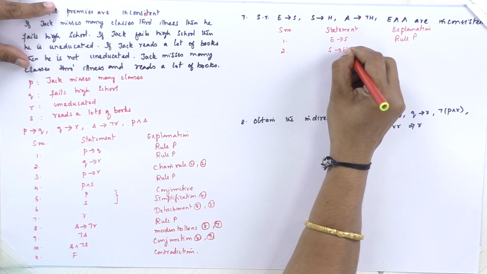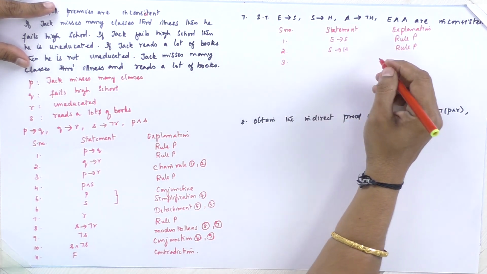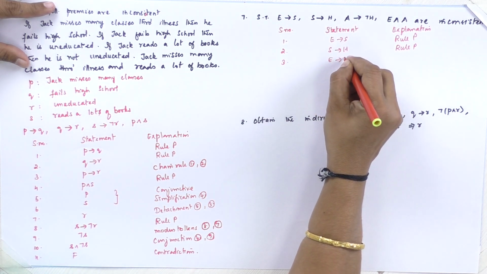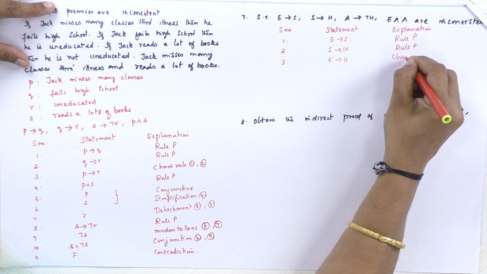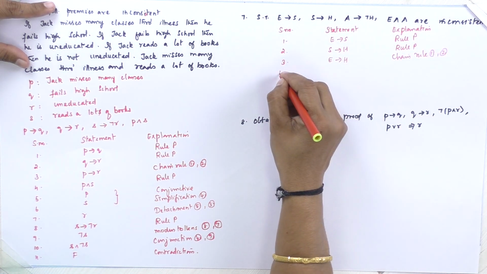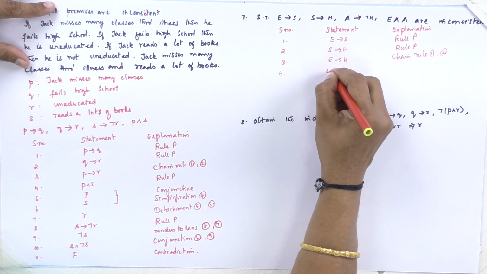S conditional H, again that is rule P. Now this ends with S and it starts with S, so we can apply the chain rule for 1 and 2. So we get this. Again, E and A we have.